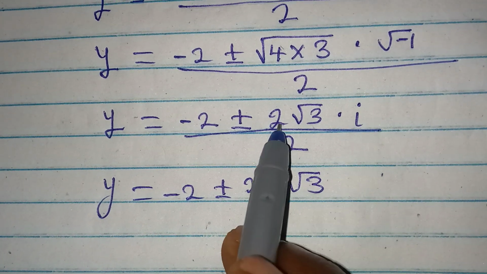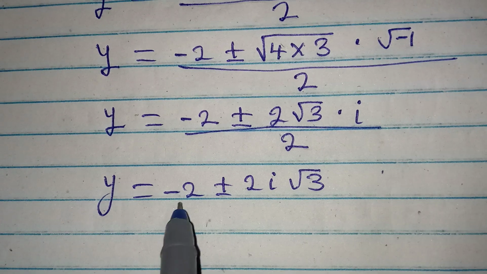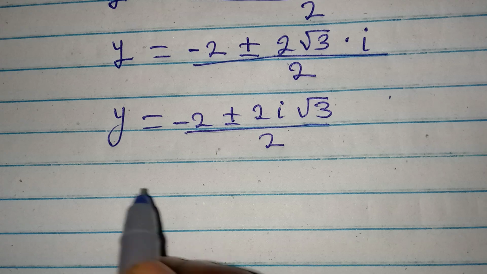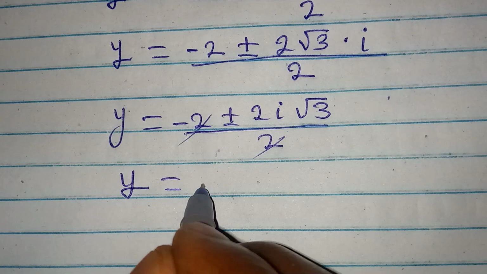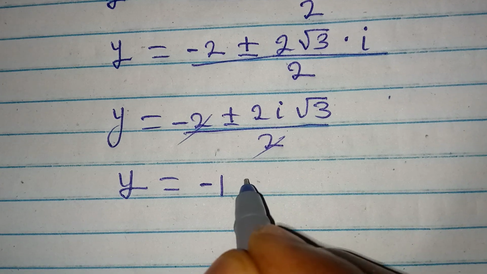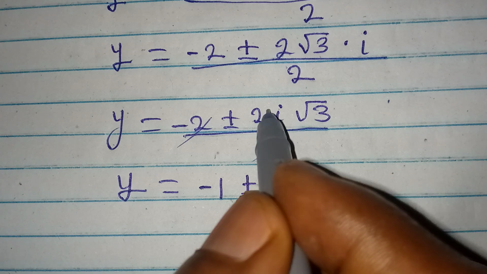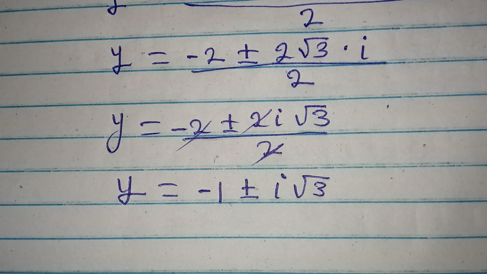Okay, so this can come here, so we don't think it's under the square root, right? Now this is over 2. But then we can proceed as y will be equal to 2 can go here, so we have minus 1. Then we have plus or minus. This same 2 will still go here, so we have i root 3.